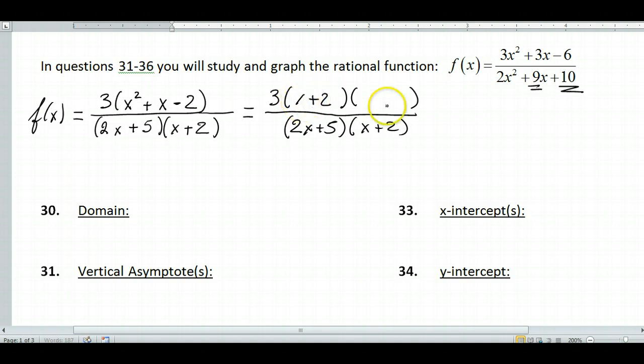Okay, let's do one more thing. Let's simplify it. We're going to have to be careful not to lose track of what we simplified, okay? But let's simplify it. So it's 3 times x minus 1 over 2x plus 5. Okay?